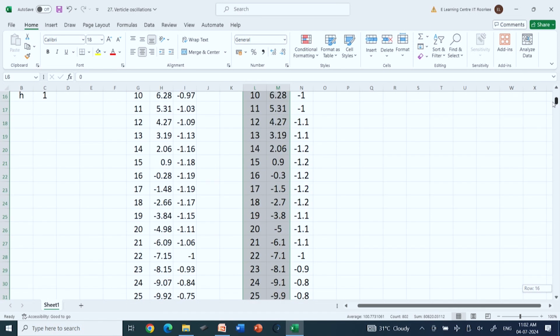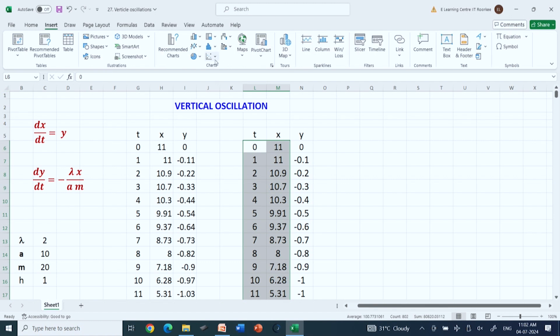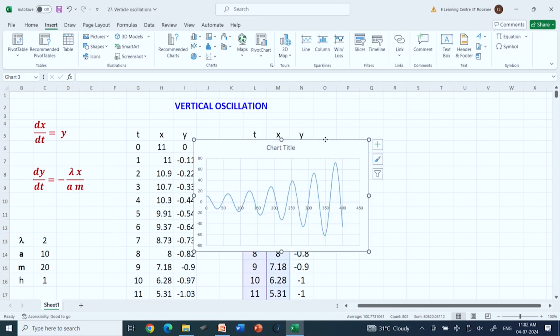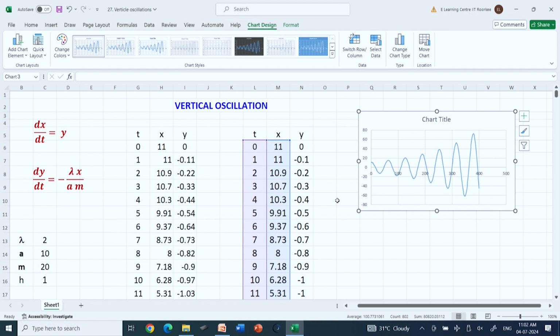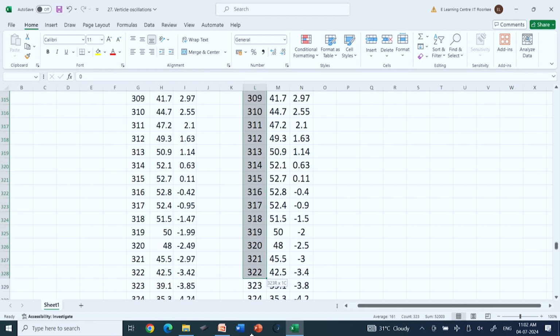And we go to Insert, choose the charts, and have the oscillation. So this is one graph. The other one is between t and y.